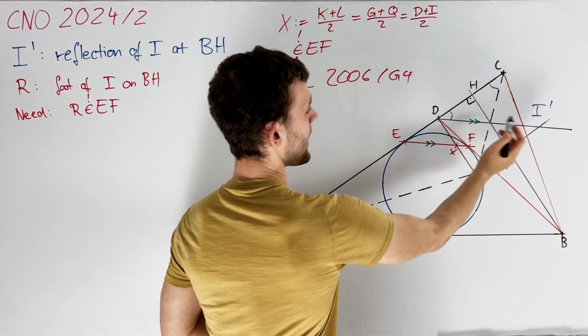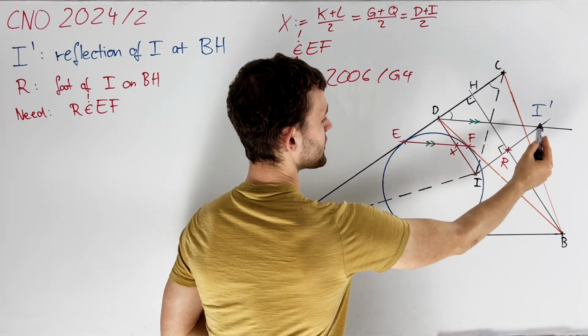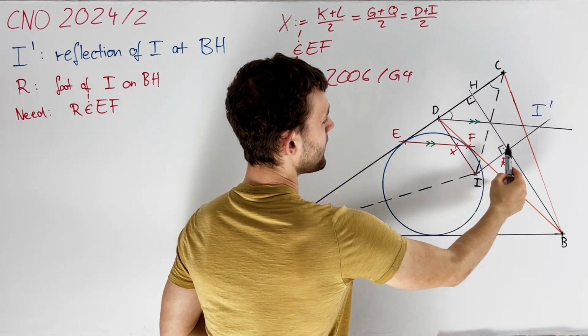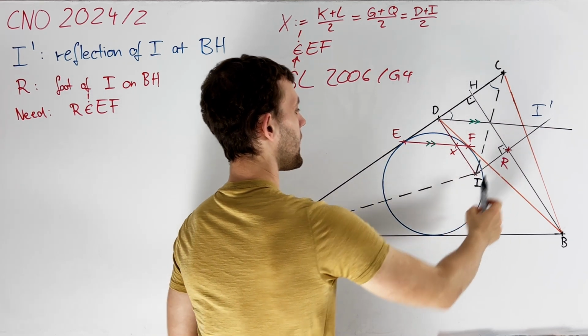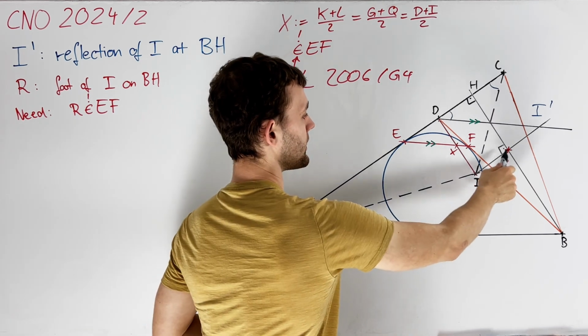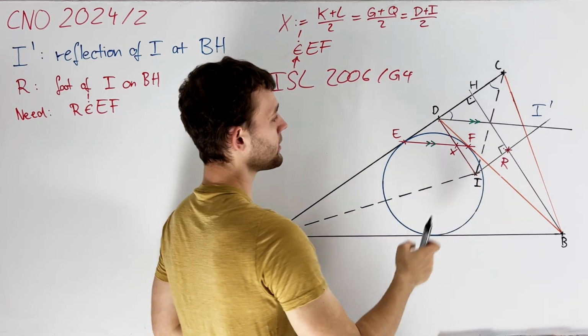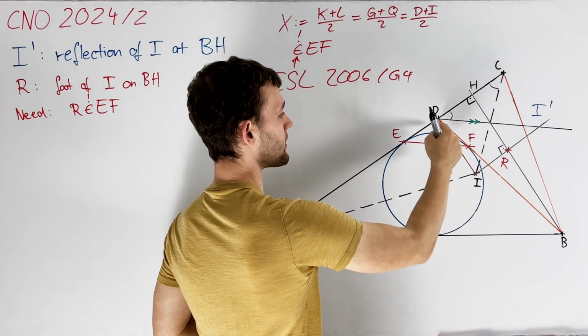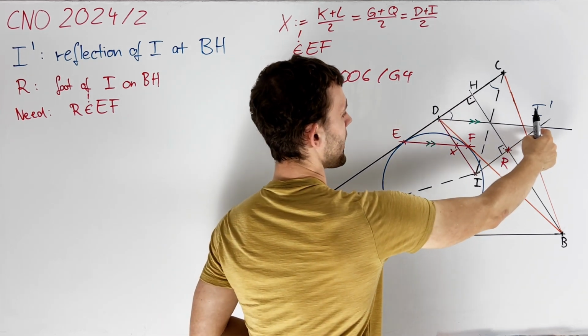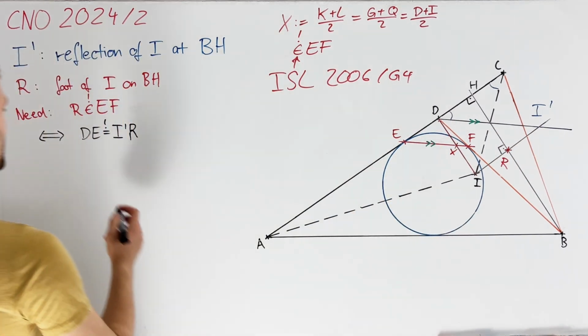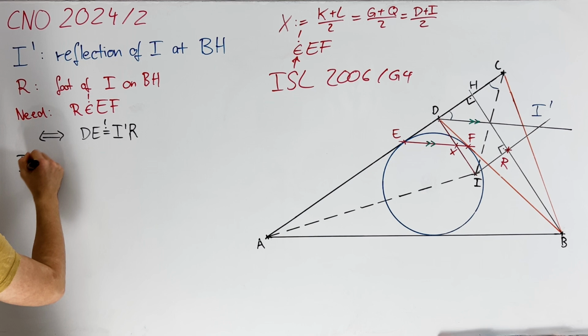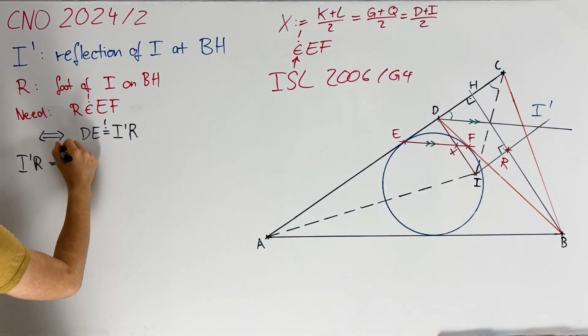Therefore, EDI' together with the intersection of II' with EF form a parallelogram, and to prove that this intersection is indeed R, we only have to show that the oriented length DE is equal to I'R. Since R is the midpoint of II', we have that I'R equals RI.